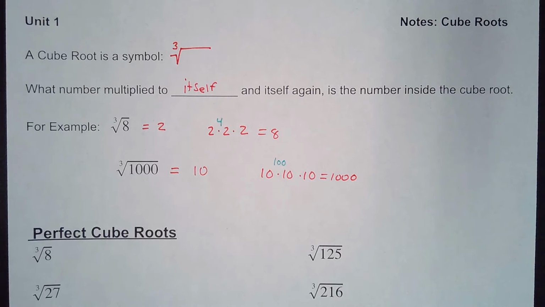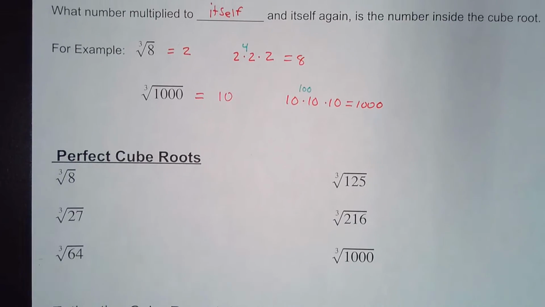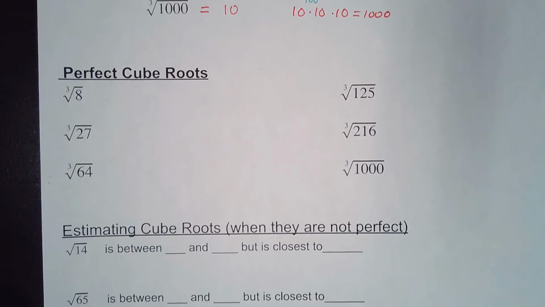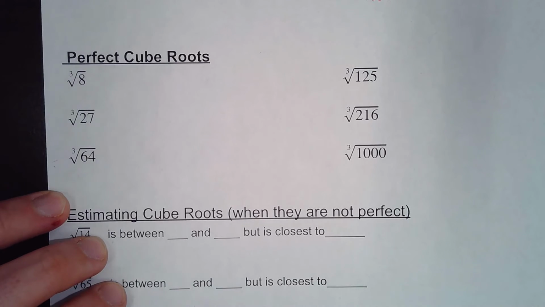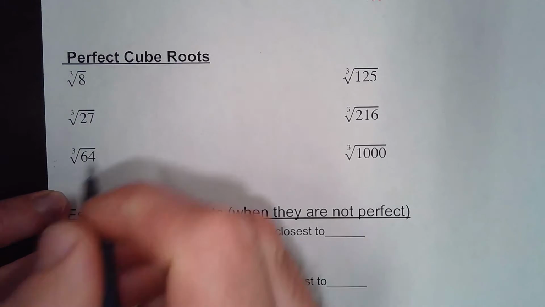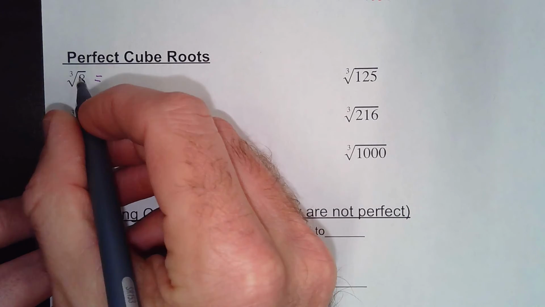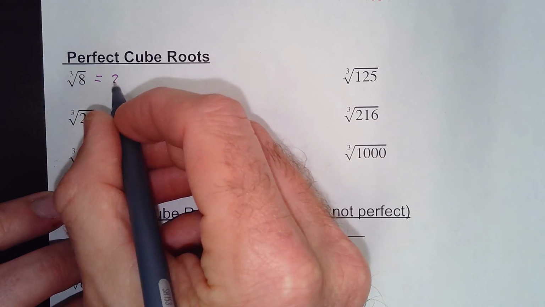All right, now let's go through our list of perfect cube roots. It would be very handy and helpful to have these cube roots memorized, maybe after today, or after a couple days, but these will come into play. So we already did the cube root of 8 is 2.